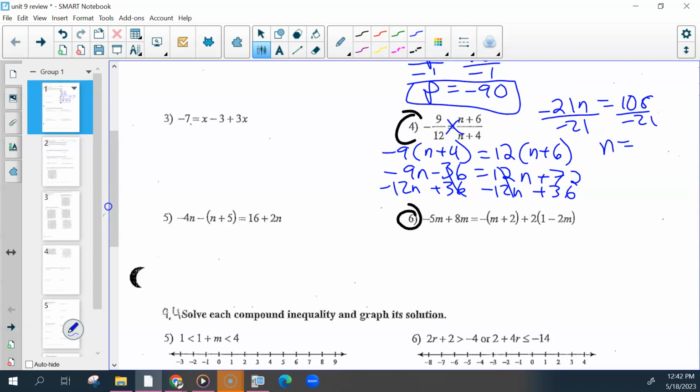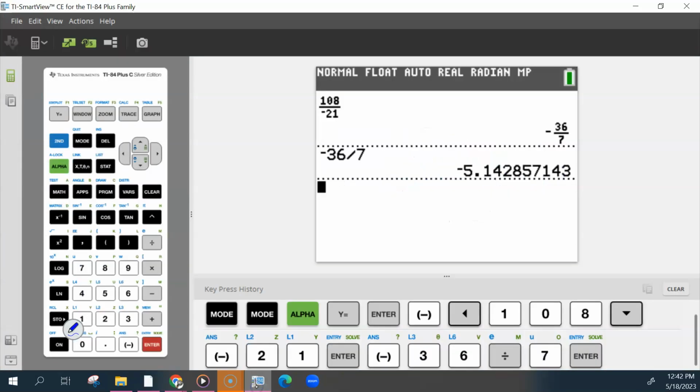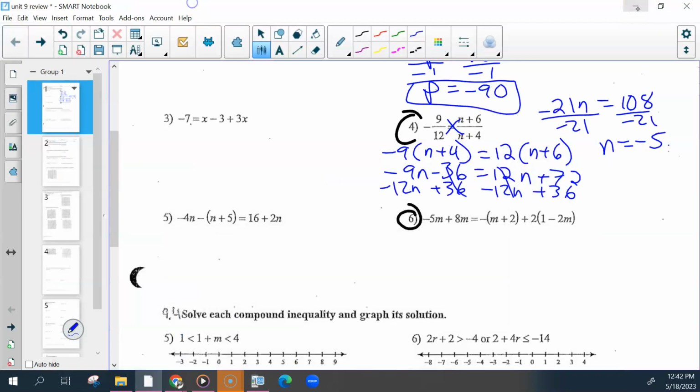It's a fraction or a decimal. -5.23, and it just keeps going. It should be 0.14. Yeah, 5.1428, 57 keeps going.